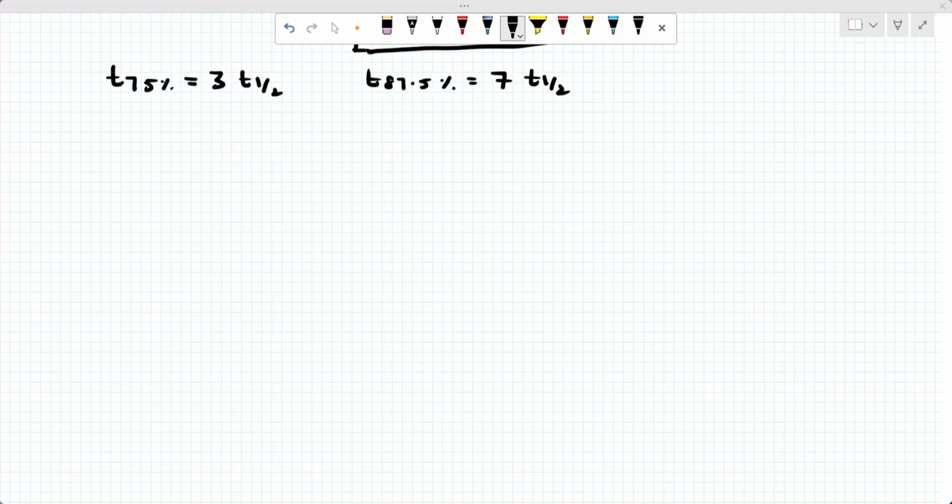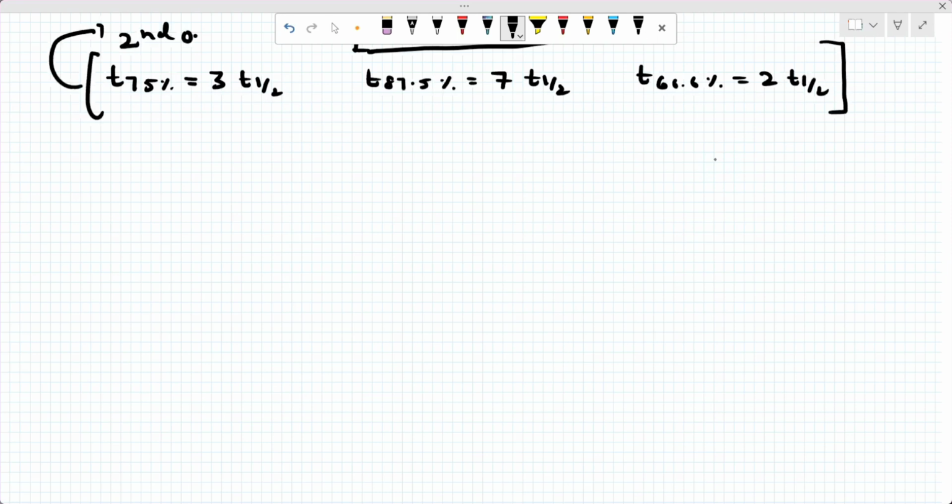Similarly, T 66.6% is equal to 2 times of T half. Now this is very important. This is for which order reaction? This is for second order reaction, very important. Please note down.